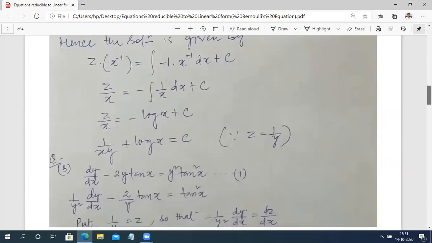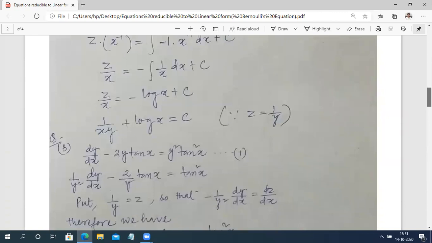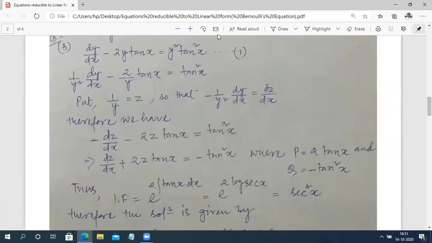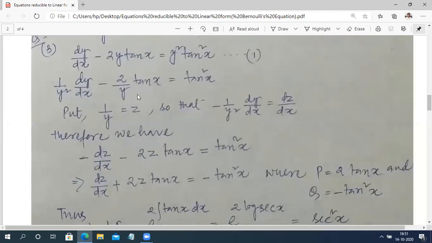Now better we move to the next question, question number 3. Now you can see that it is given dy by dx minus 2y tan x is equal to y square tan square x. Now this is your p. What is your p? P is minus 2 tan x.